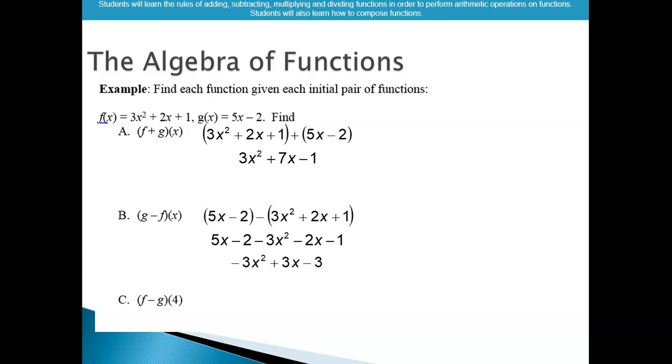And then finally it asks us to evaluate f minus g, but this time of 4. So if we do f minus g, we would have to calculate what f minus g is. So we'd have 3x squared, then we'd have 2x minus 5x, which would be a negative 3x.